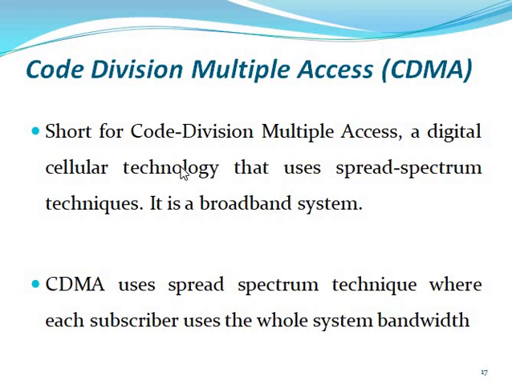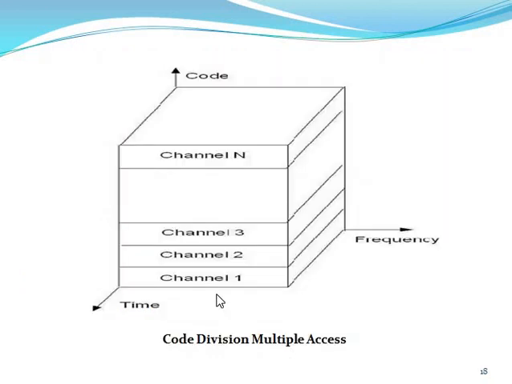Now we can show code division multiple access. So what is CDMA? CDMA is a technique in which every subscriber user shares the system bandwidth. In code division, you divide based on the code for a particular time in the channel.